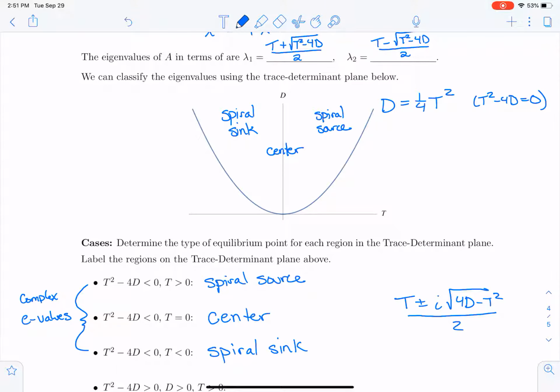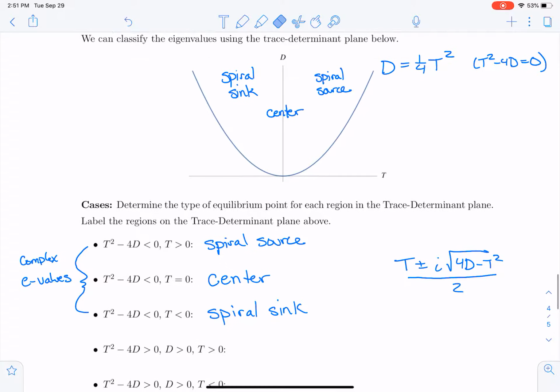So given a matrix, we can find the trace and find the determinant. And if we locate a point in this region above the parabola D equals 1/4 T squared, so if we find a point in here or here or here or here, or maybe here, we end up with, say, a center, spiral sink, or a spiral source.